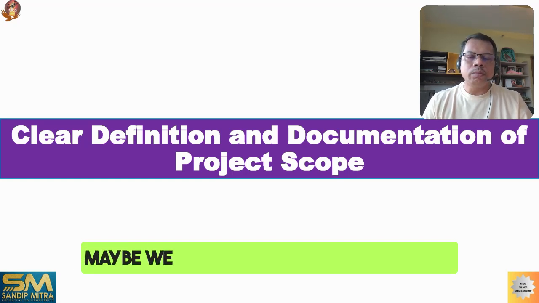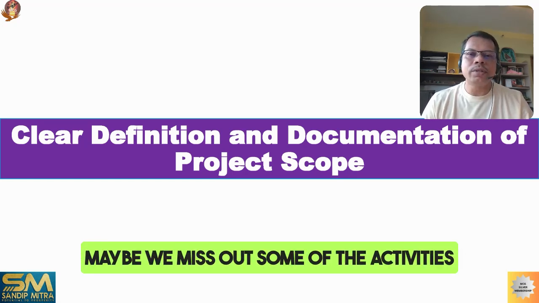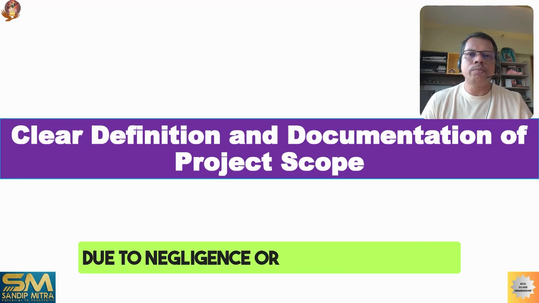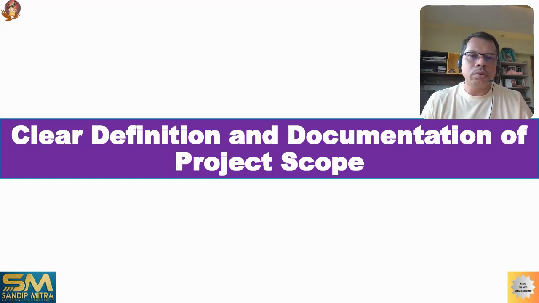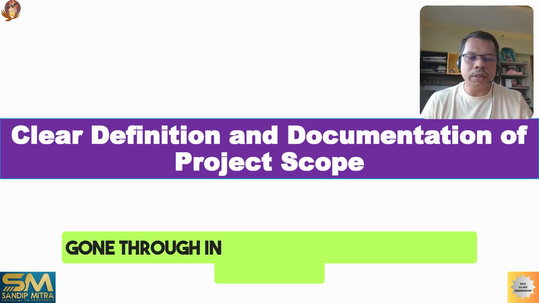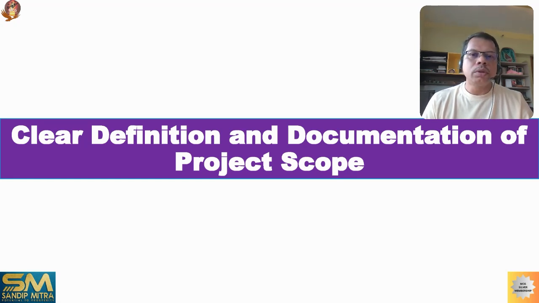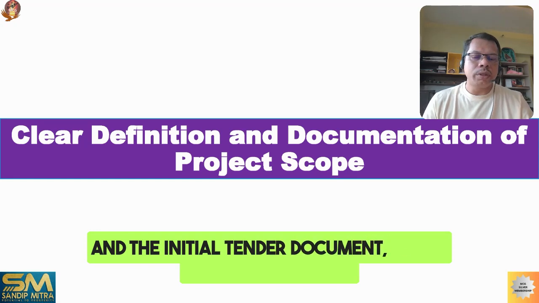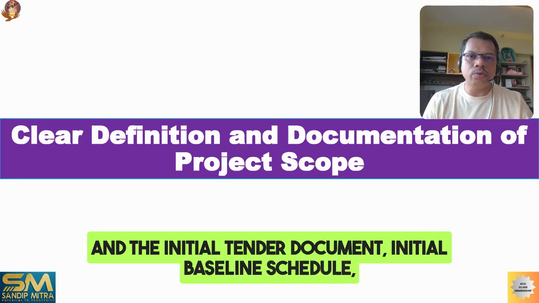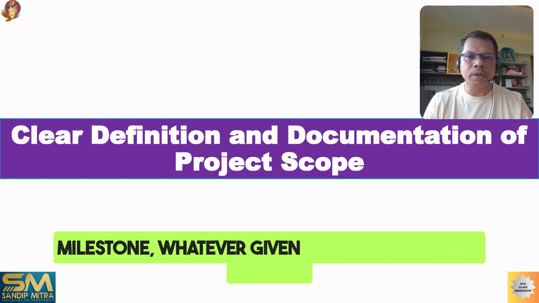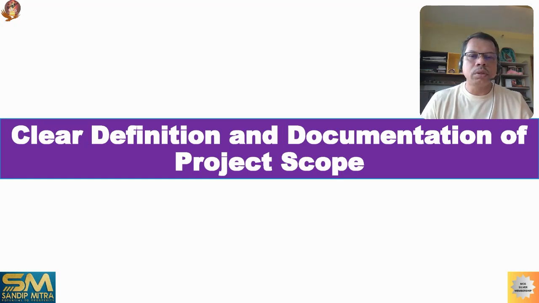Maybe we miss out some of the activities due to negligence, or maybe we have not gone through in detail the contract documents and the initial tender document, initial baseline schedule, milestones, whatever was given during the start of the project.